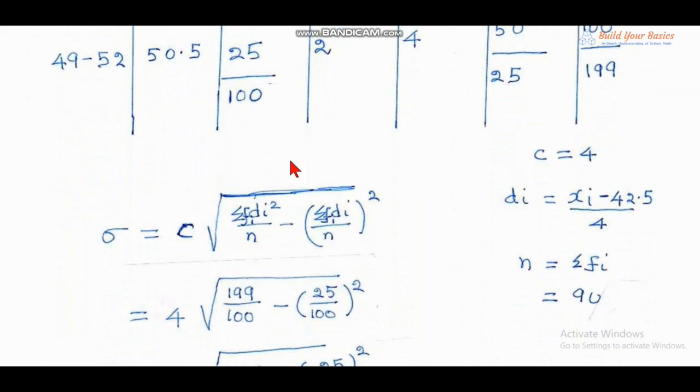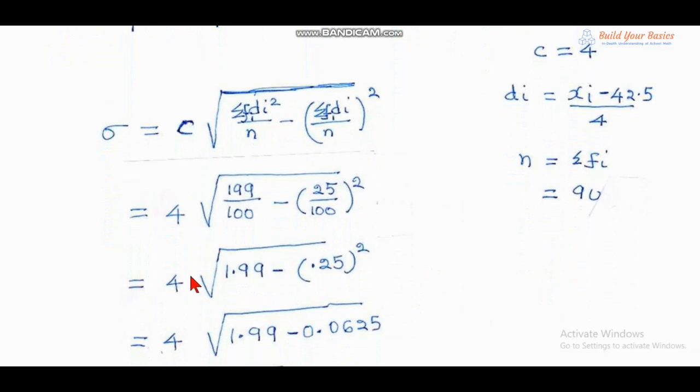So we have got every value in the formula. So sigma equal to C, 4, into square root of sigma fi di square 199 divided by n 100 minus sigma fi di by n whole square, that is 25 by 100 the whole square.